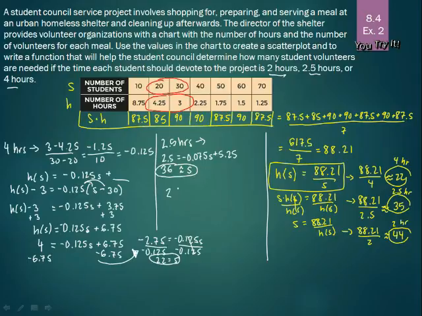For 2 hours, using that same process, I won't go through all of the steps again, but using the exact same steps we did here on the left, then we get this equation, and solving that, then we get s is approximately 45. And so you see here that it's a little bit higher in our linear function model for 2 hours and a little bit higher for 2.5 hours. But it's still really close, and so these are reasonable answers.